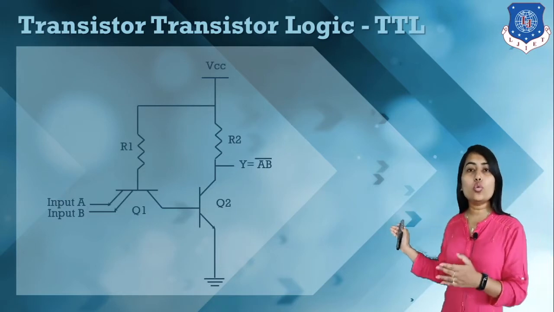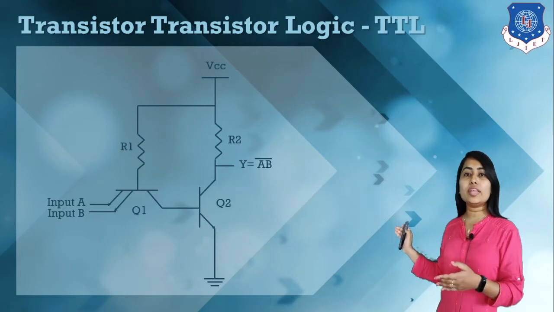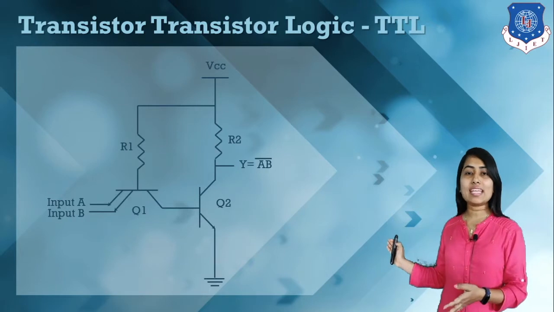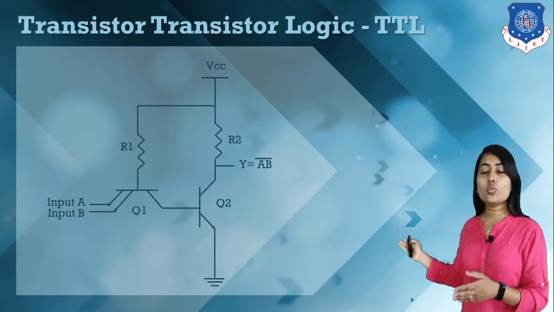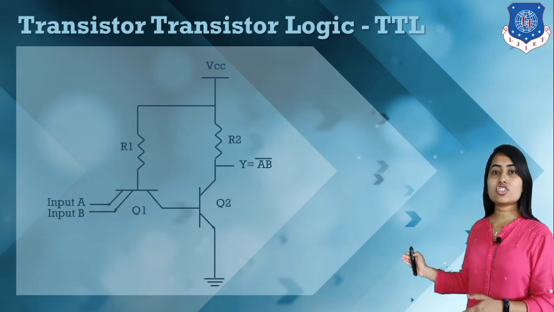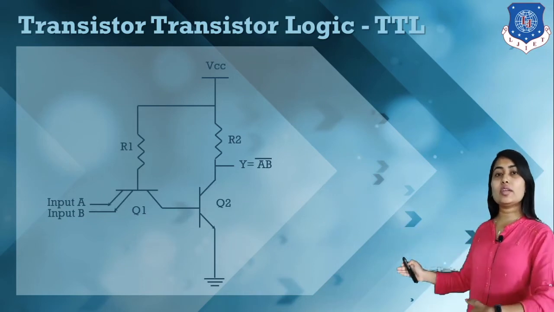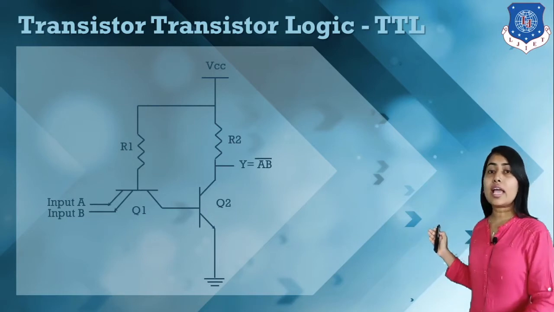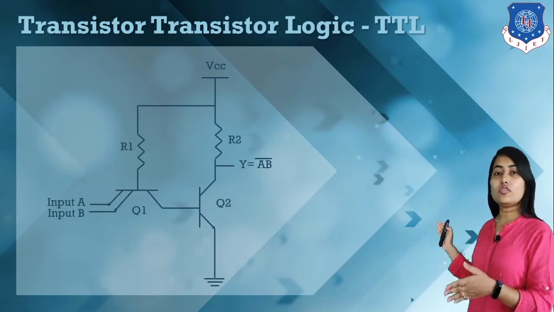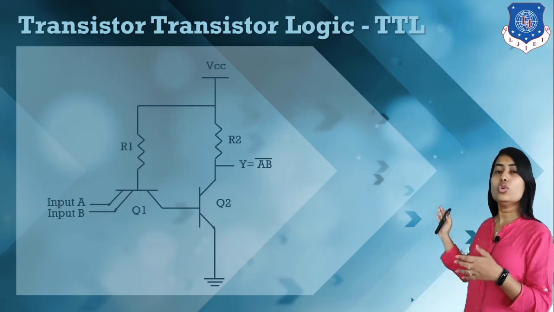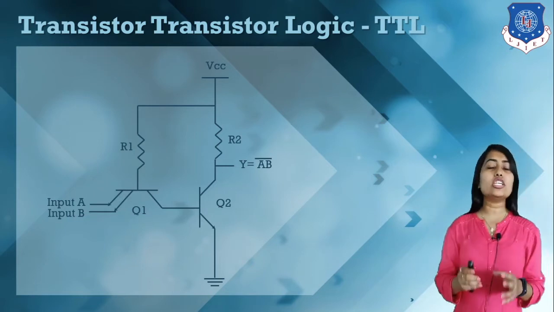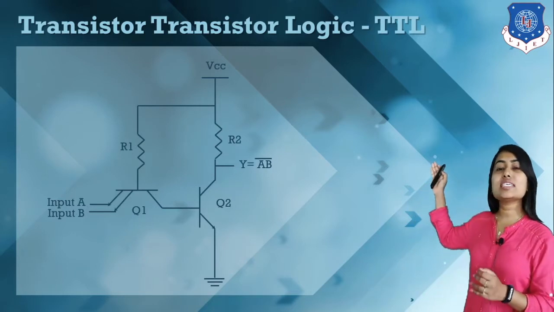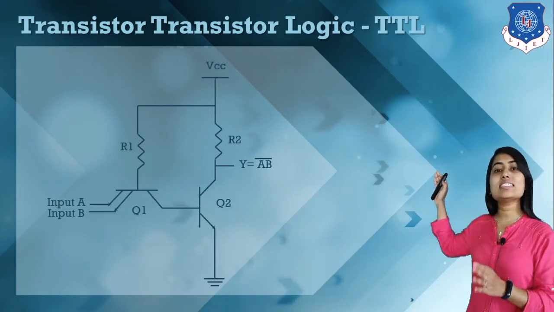Q1 is a multi-emitter transistor, because we have A and B as multi-emitter connections, and we take the output from the collector of Q2. These are pull-up resistors to control the current flow in the circuitry, and VCC is our power supply.